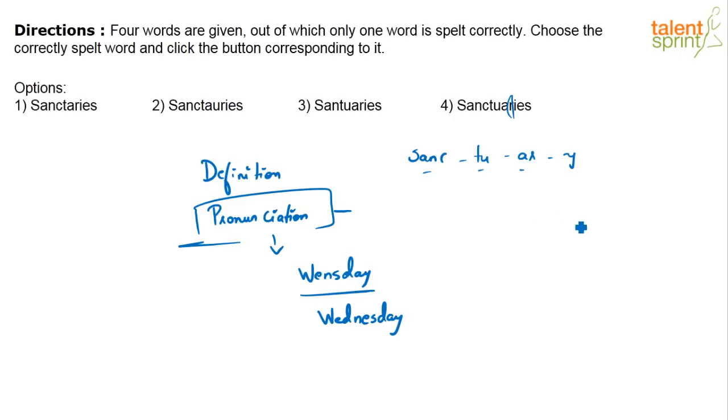I don't know how many of you are in the habit of writing down words. That's the best thing to do. Visualize it. That's the only way you can retain.